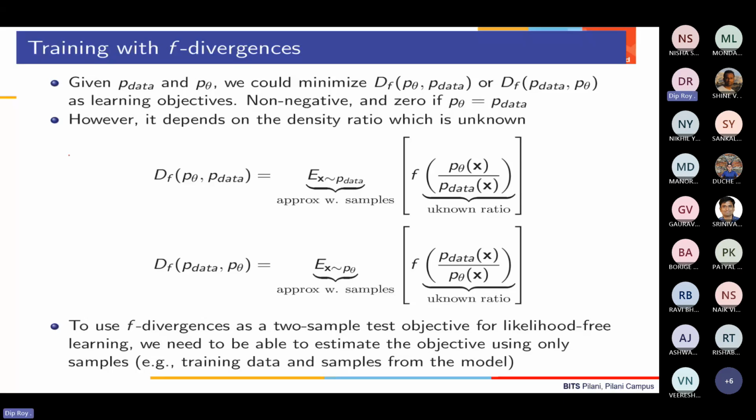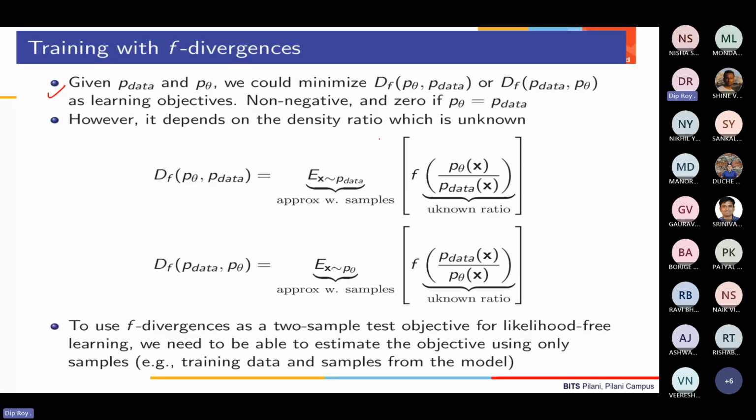Given P data and P theta, we could minimize either d of P theta and P data, or d of P data and P theta as the learning objectives. It is non-negative and 0 if P theta is equal to P data. However, it depends on the density ratio, which is unknown. What is it trying to say?